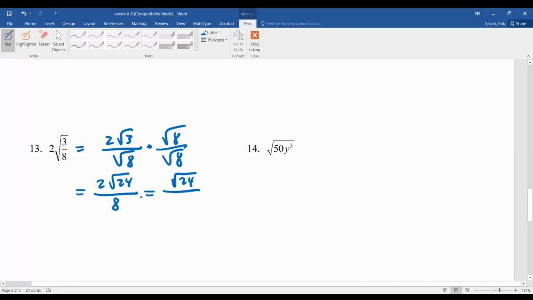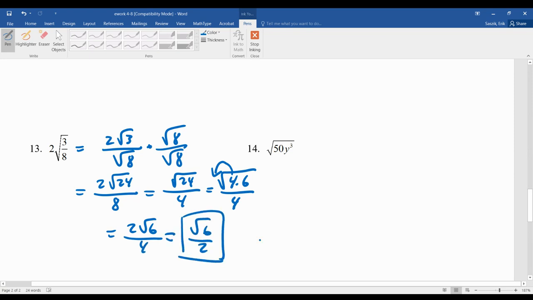And 2 over 8 reduces to 1 over 4, but I don't write the 1. I can break up the 24 to 4 times 6. The 4 comes out as 2. And 2 over 4 can be reduced to 1/2, but you don't write that as either.